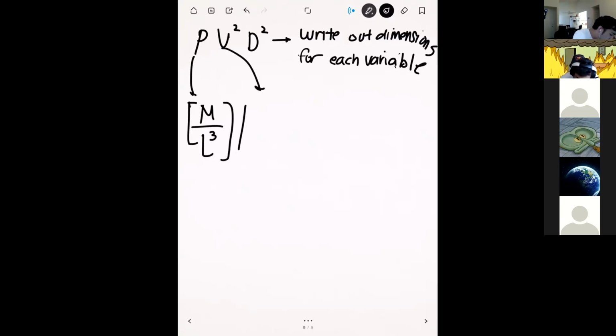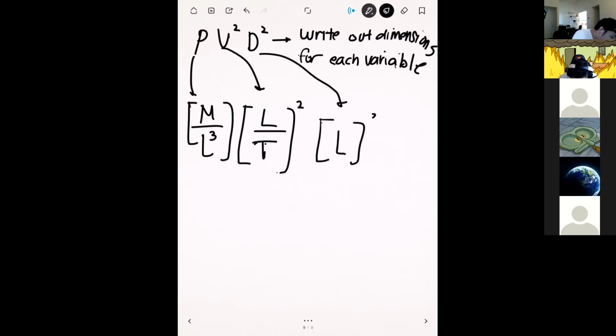Velocity is going to be L over T. But since this velocity is squared, we have to square this entire quantity, so we're going to distribute that exponent throughout in the next step. And then last we have d squared. D is going to be L, and then we're also going to square that.